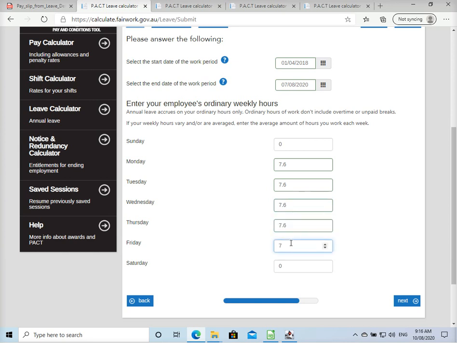No one actually works 7.6 because it's not a really round number, but it's often used for salaried employees as the nominal number of hours they're working every day. But rostered employees might be working 8 hours Monday to Thursday and 6 on the Friday, that kind of thing.